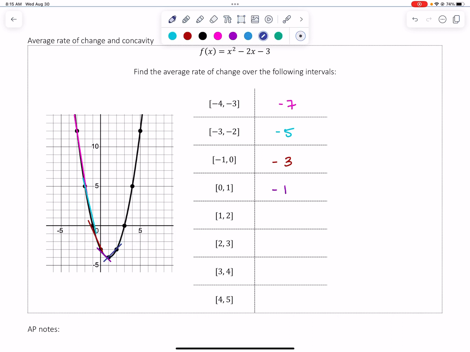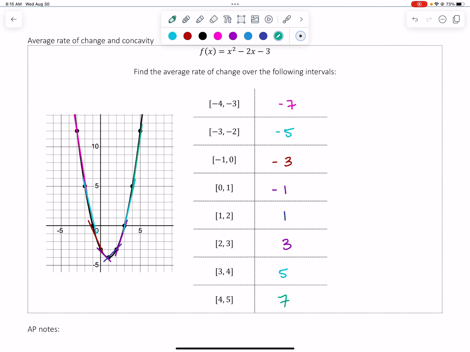This is now +1. I think I'm repeating colors, but that's okay. This is positive 3. And then we go positive 5. And for your last one, we have positive 7.